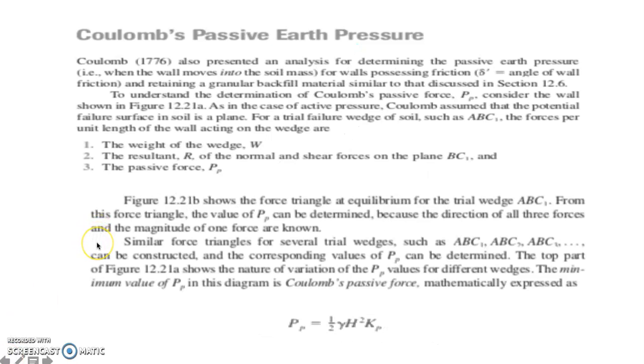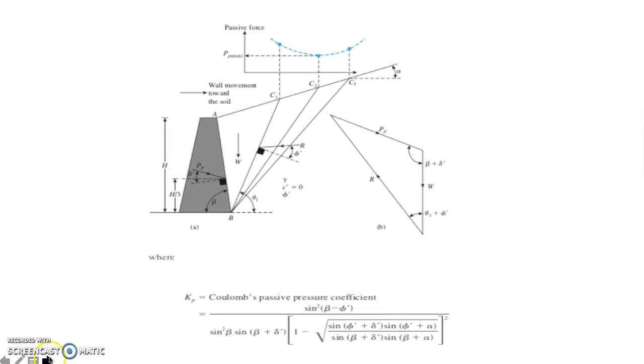For that one, you can compute the Coulomb passive force, which can be expressed mathematically by this expression: 1/2 gamma h squared times K sub P. Our K sub P is equivalent to the Coulomb passive pressure coefficient, and that is equal to this equation.